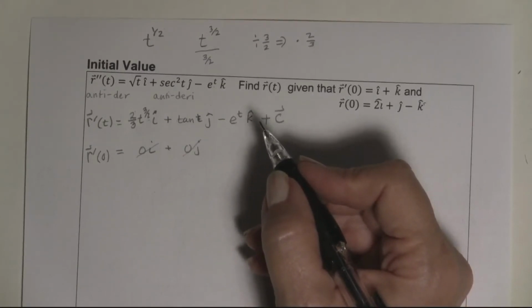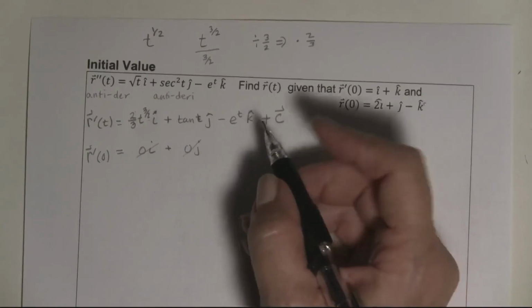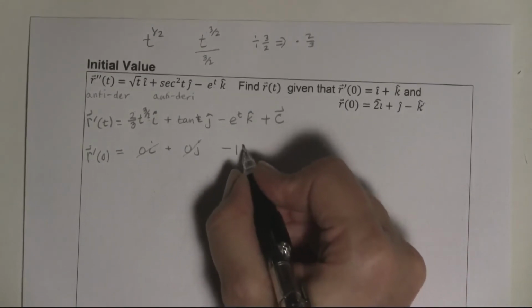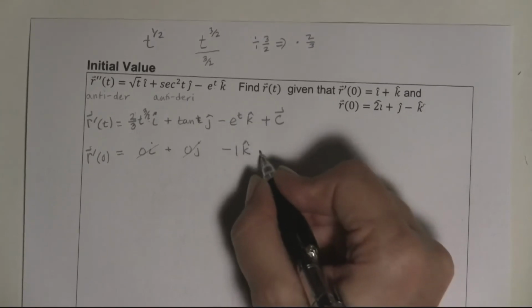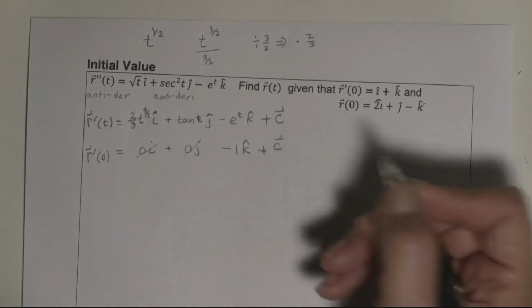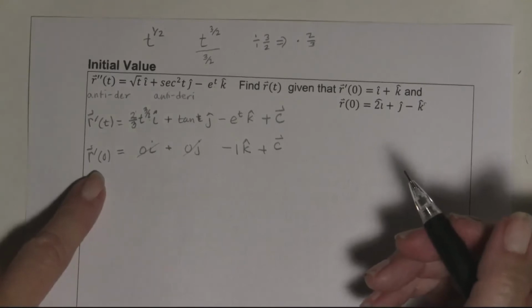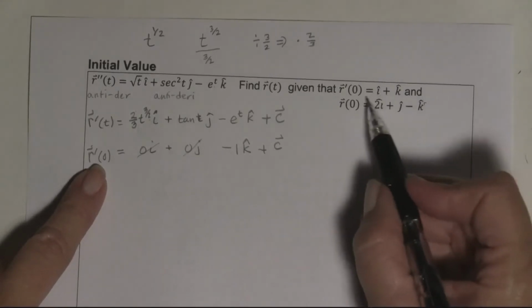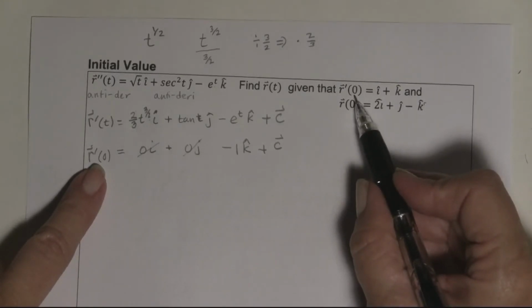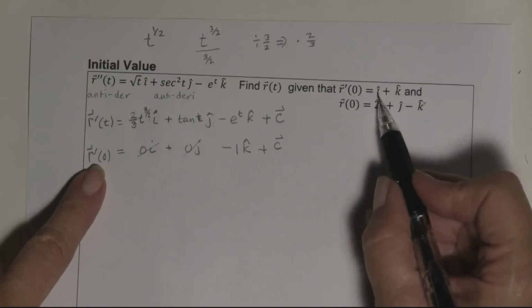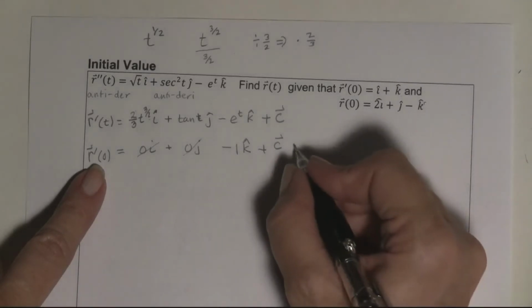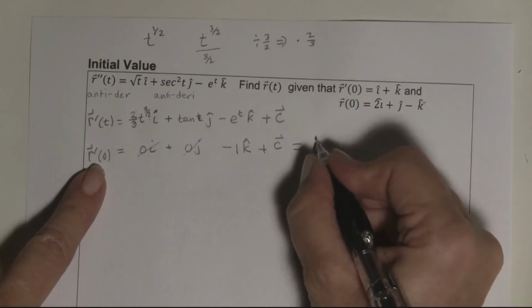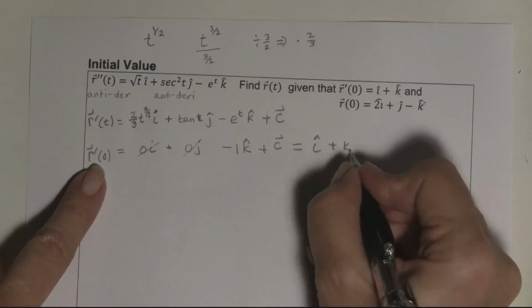Like e to the 0, that's equal to 1. And so this is minus 1k plus c. And what did they tell us that r prime at 0 was equal to? They said r prime at 0 is equal to i plus k. So this is equal to i plus k.